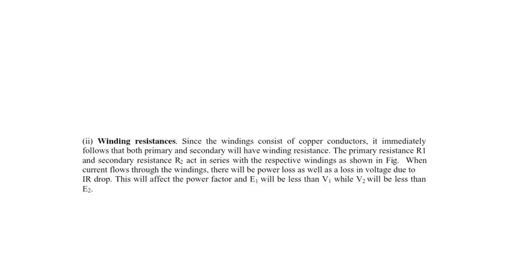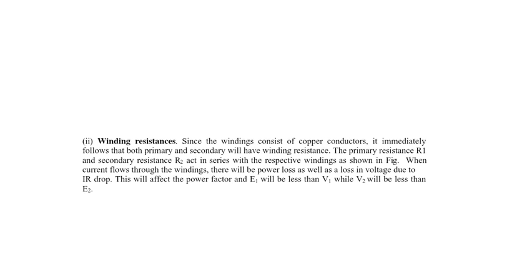Another loss that may exist in a transformer is winding resistance. The winding consists of copper conductor, so the primary and secondary will have winding resistance. The primary resistance R1 and secondary resistance R2 act in series with the respective windings.